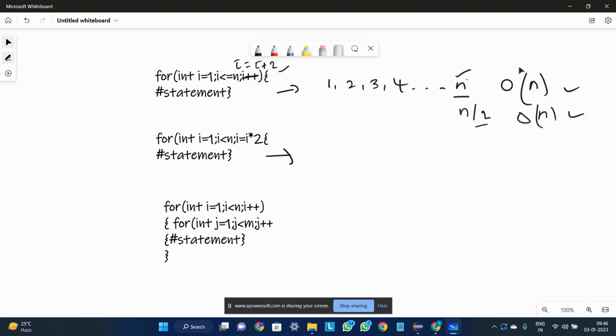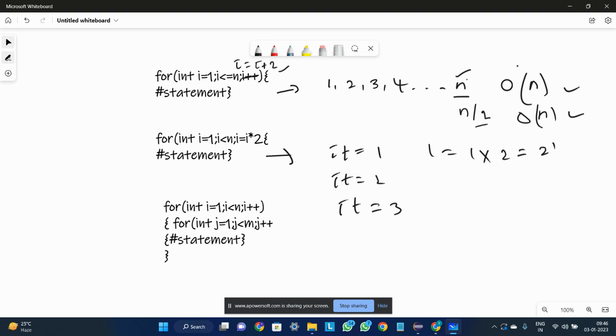Now here observe i equals 1, i less than n, and i equals i into 2. Observe the pattern for iteration 1, iteration 2, iteration 3. For iteration 1, 1 is equal to 1 into 2, so we can write it as 2 power 1.